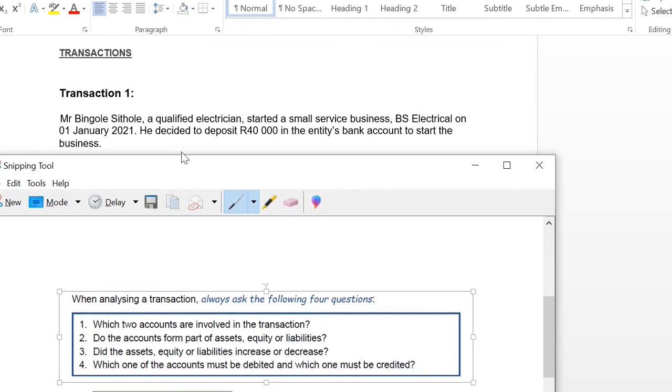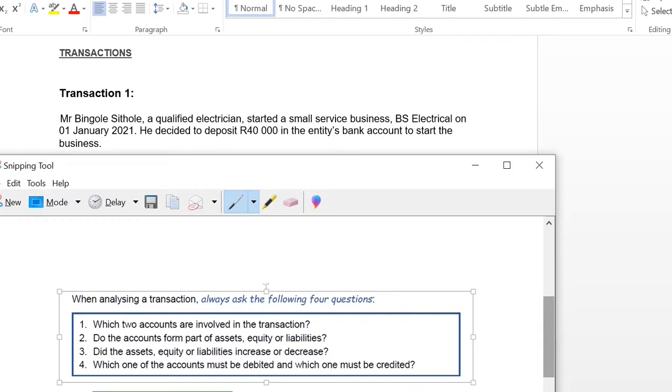This is definitely going to your cash book receipt. And for equity, because you, the owner, contributed money to the business, the equity account is going to increase by 40,000. And because money came into the bank account, the bank account of BS Electrical has increased by 40,000.